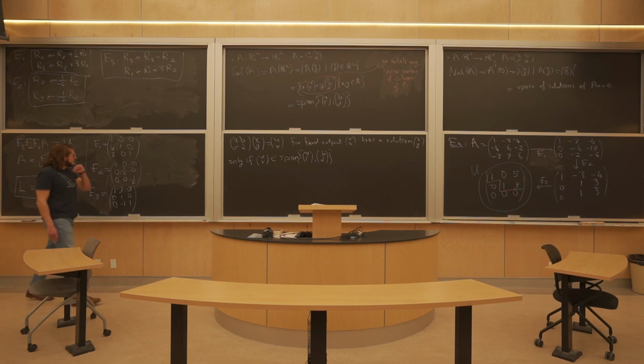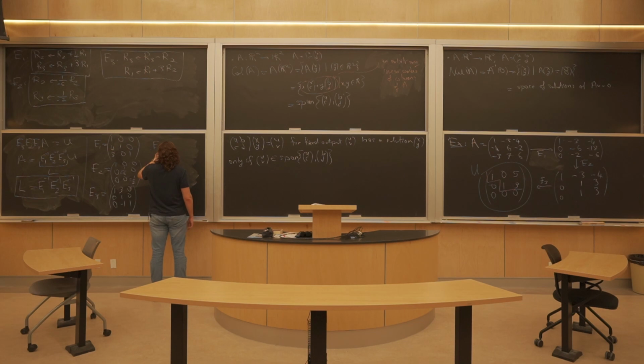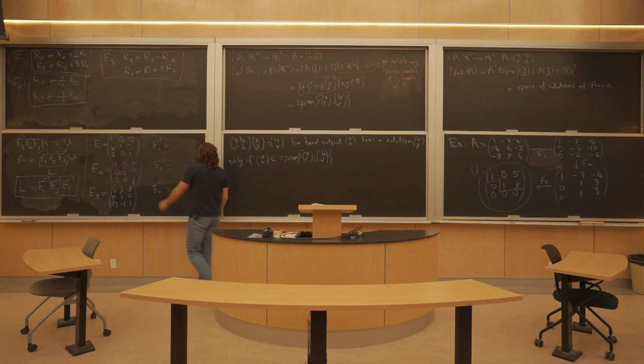Now let's think about their inverses. I need an inverse for this, I need an inverse for this, and I need an inverse for this third guy. And certainly, these are 3 by 3 matrices. Their inverses are going to be 3 by 3 also. So I need 27 numbers.